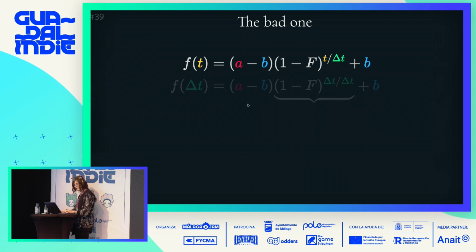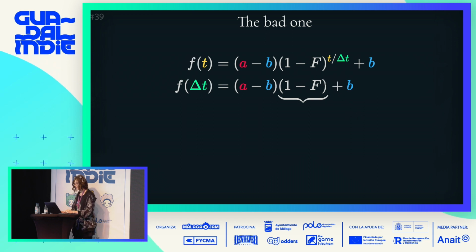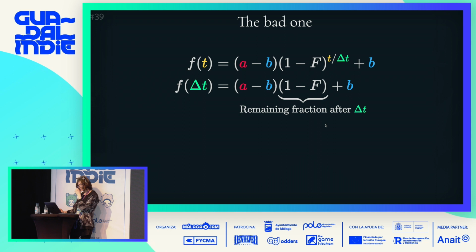And so that's really what we're sampling when we sample this in code. And so we just replace t with delta time. And so what happens then is that we get delta time over delta time, which simplifies to 1. And so the realization then is that this part right here is the remaining fraction after 1 frame. And that's exactly what the code is doing every frame.